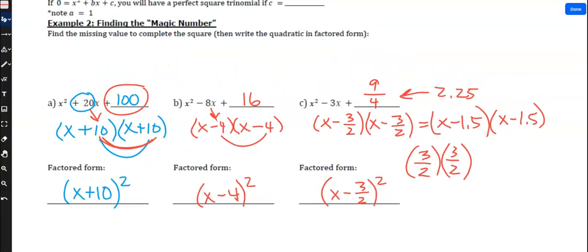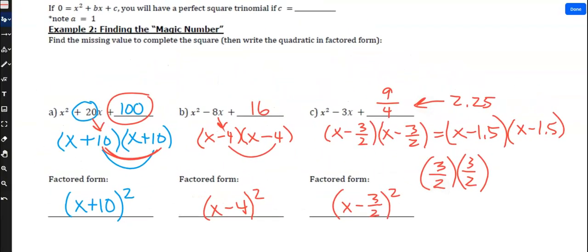Now, do I need a magic number? No, I don't need a magic number. So I'm going to ignore the magic number for now. If we absolutely need a magic number, we can come back to that.